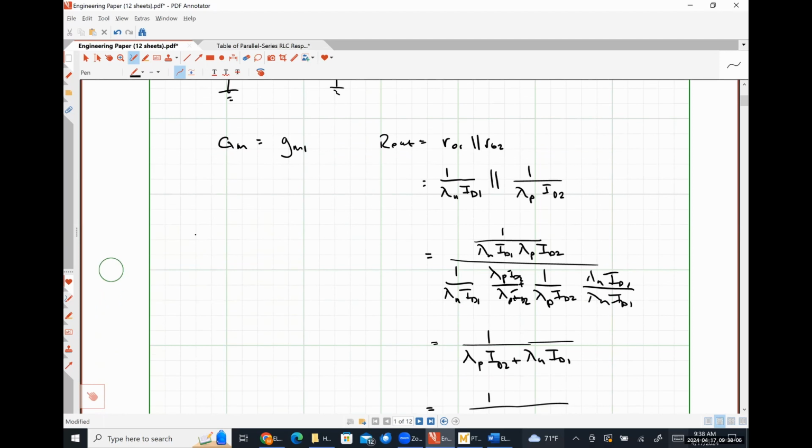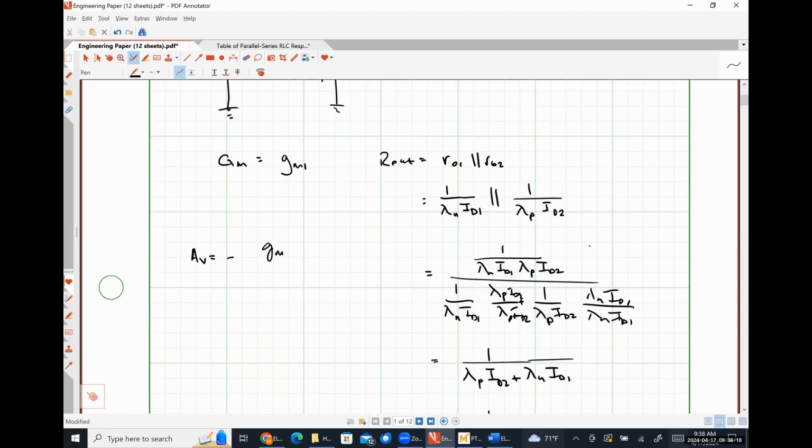So I'm going to have AV is, let's see, twice ID over VGS minus VTH times lambda n plus lambda p times ID.